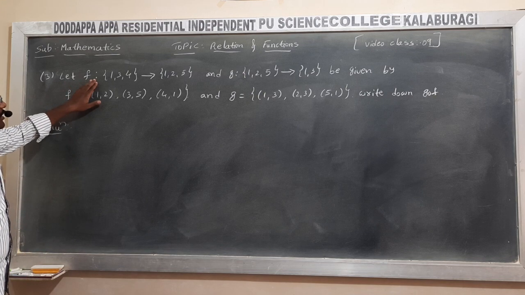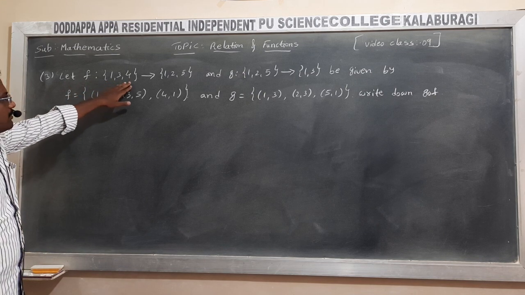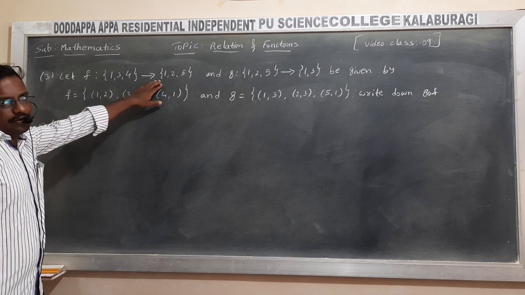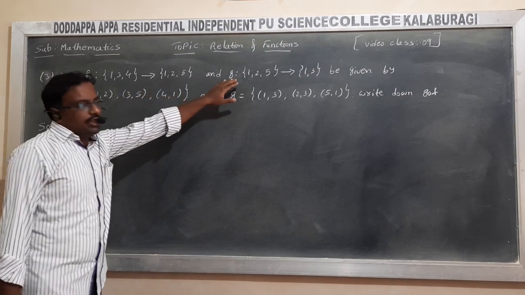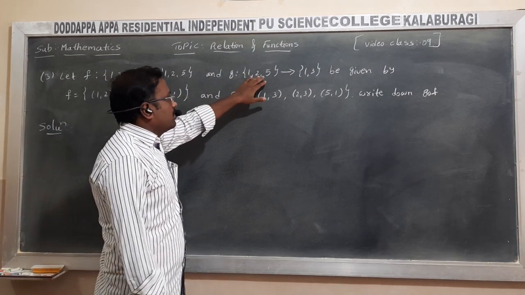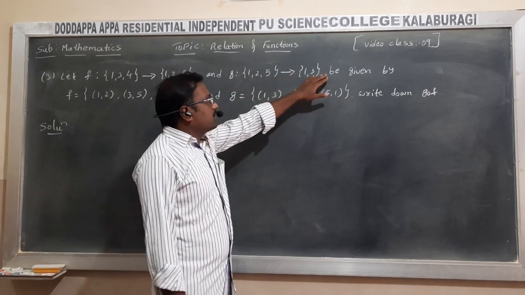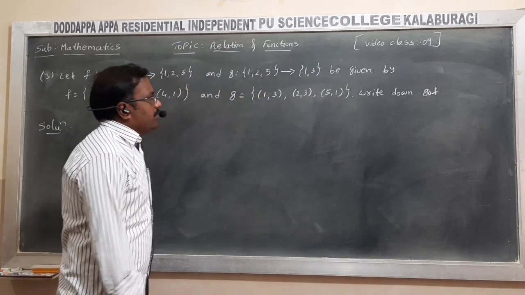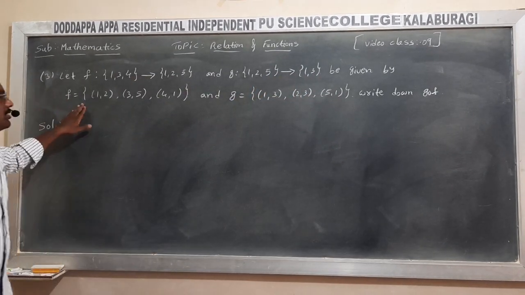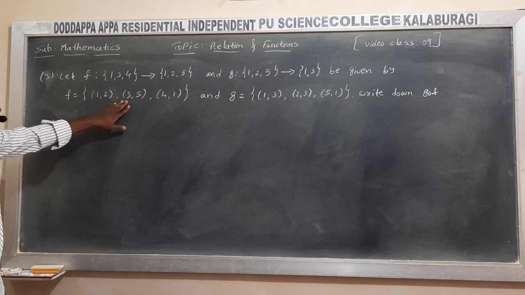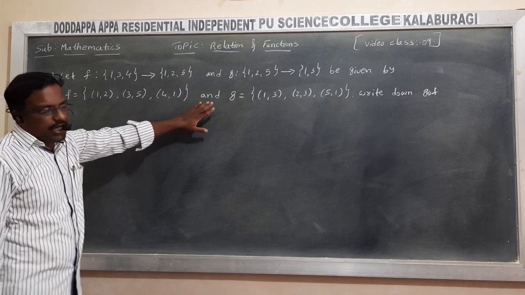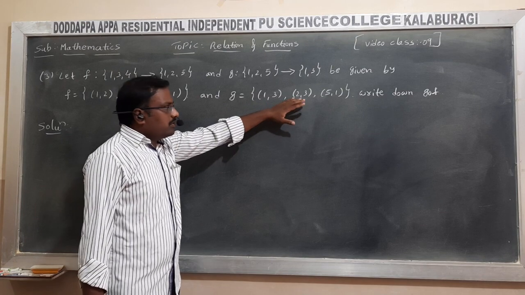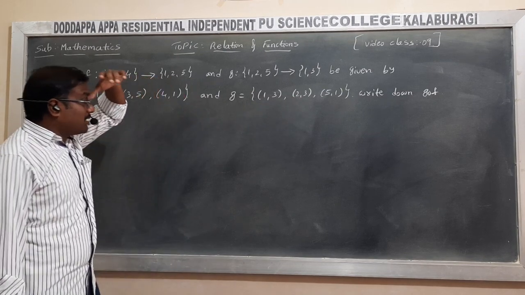Let f from set of 1, 3, 4 tends to set of 1, 2, 5 and g from set of 1, 2, 5 tends to set of 1, 3 be given by f is equal to set of (1, 2), (3, 5), (4, 1) and g is equal to set of (1, 3), (2, 3), (5, 1).